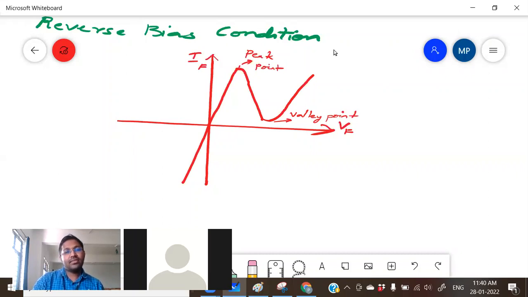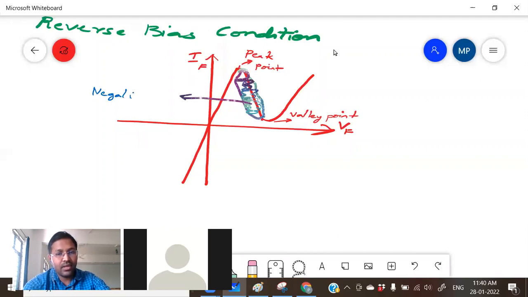So positive resistance. So let me shade this in-between region and name it as negative resistance. It is known as the negative resistance region.